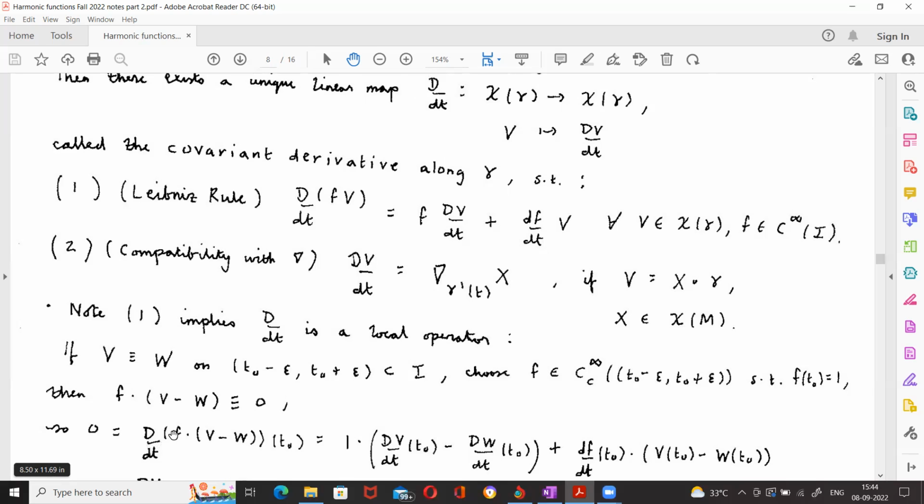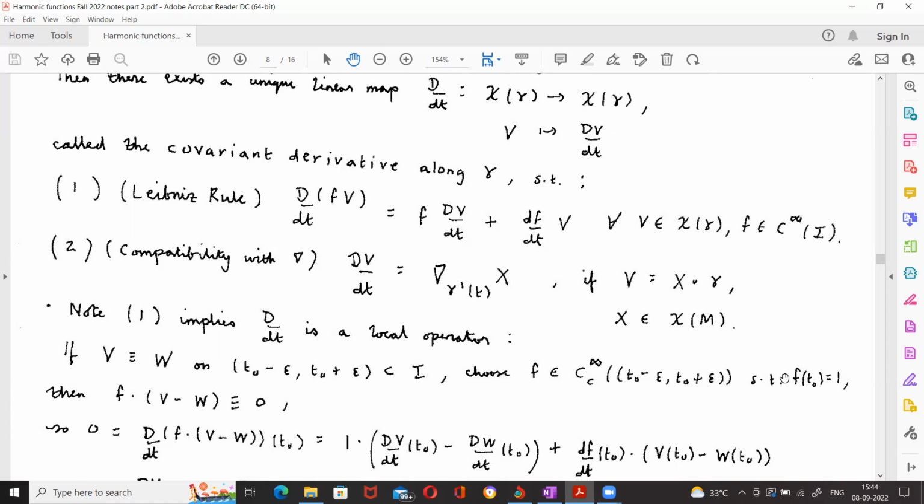So this applied to f times (V minus W) at t naught is 0. Now you use the Leibniz rule. This is going to be f(t) times (DV/dt minus DW/dt) at t naught.